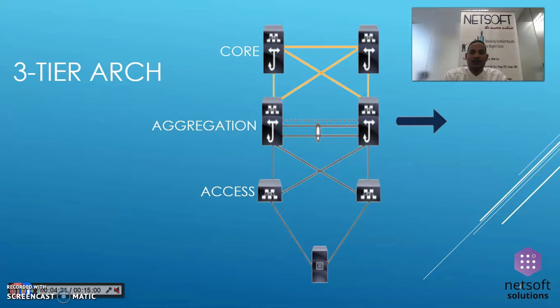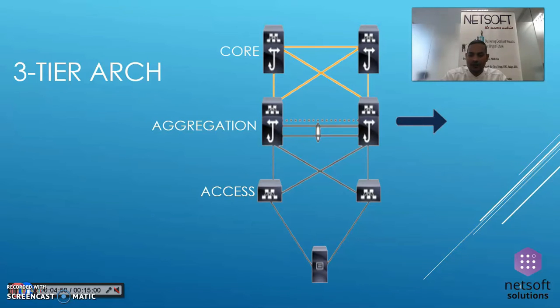The aggregation or distribution layer is used for quality of service and basic routing, and the core is used to control the data plane and management of the data. So those are the three levels we have in the 3-tier architecture.